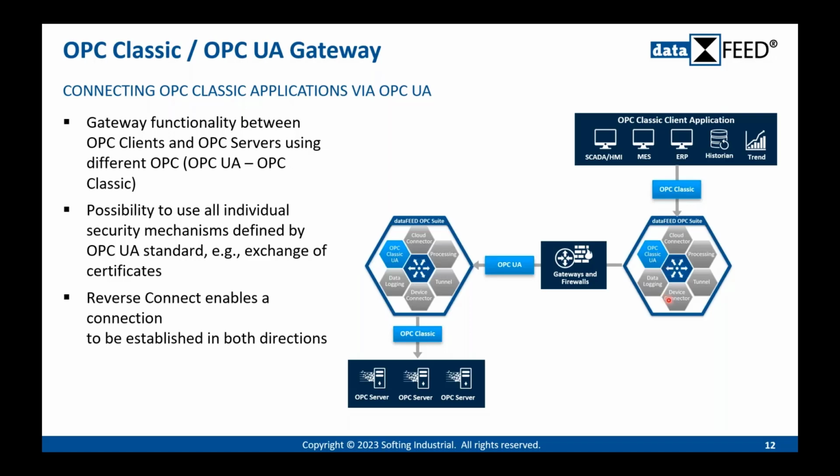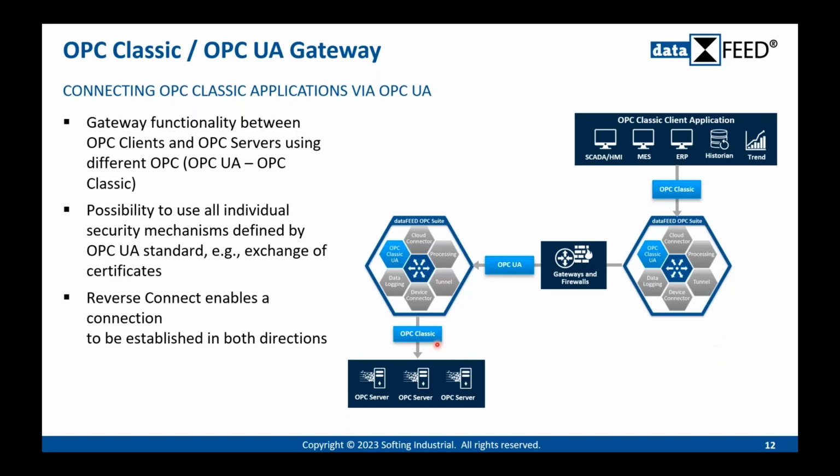And last but not least, what we have also implemented for UA is the reverse connect functionality. Normally, by default, OPC Classic communication is always initiated by the client. In this scenario, the right side is the OPC client and normally connects to the left side, which is the OPC UA server. And in this case, we have the firewall between IT and OT.